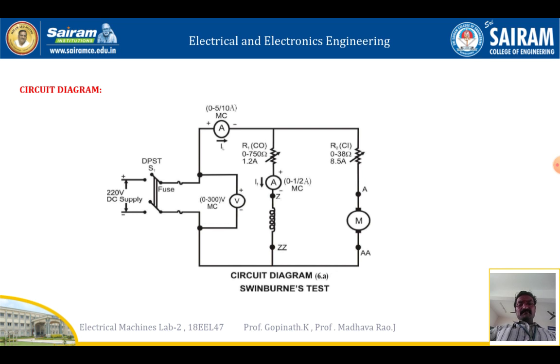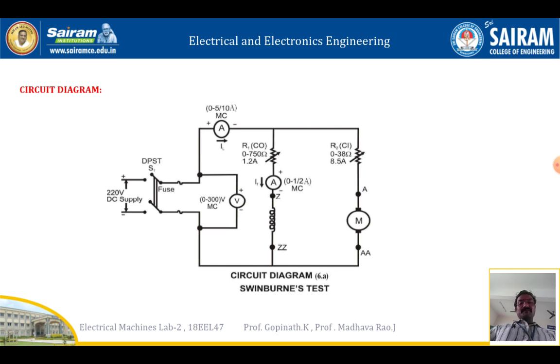This is the machine circuit for the Swinburne test. Here we add one ammeter to the field coil, and one more rheostat of 8.5 amps, because the current passing through the armature will be high.